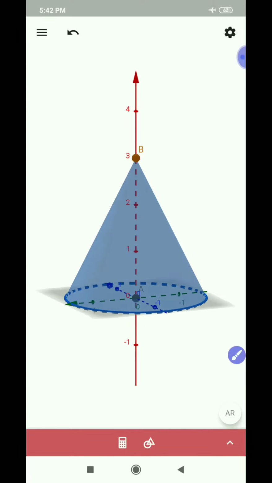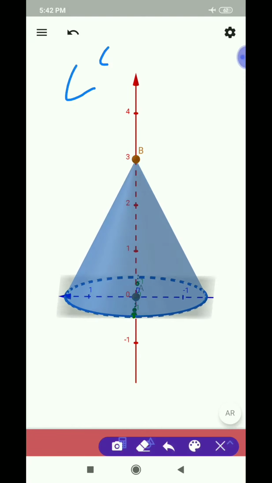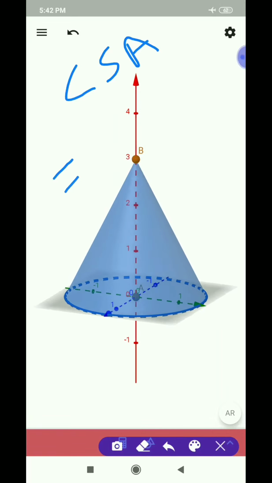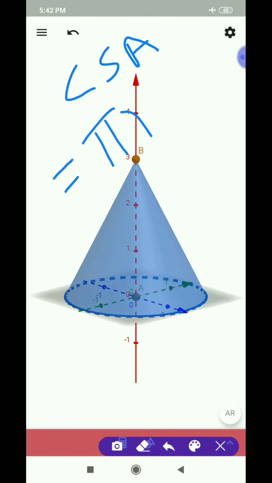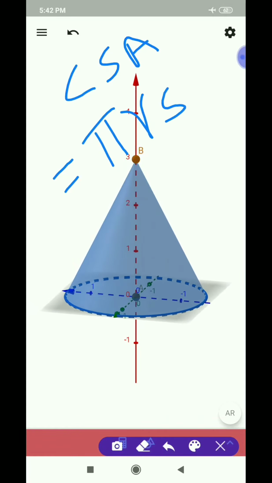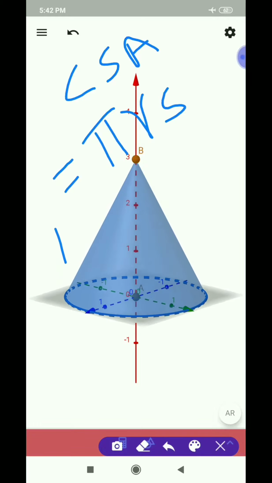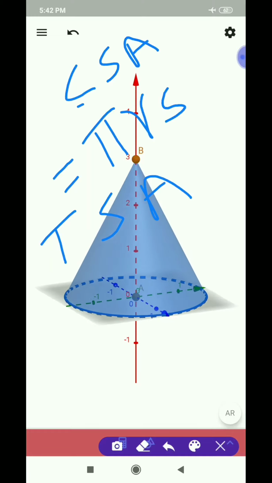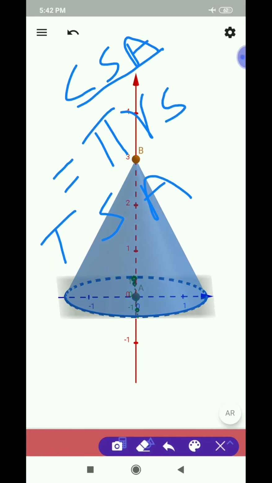Now, what is its curved surface area? The formula is pi r s or pi r l. What is its total surface area? For the lateral surface area, we have to add the base area.